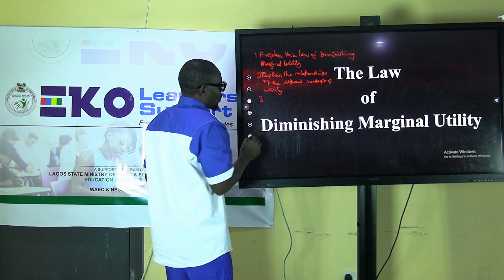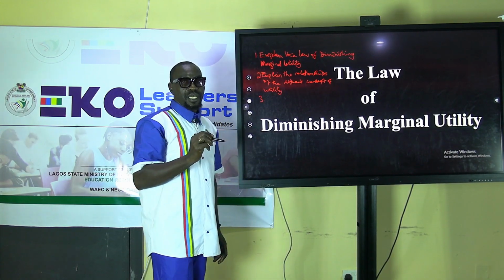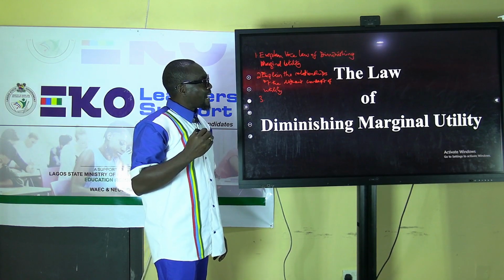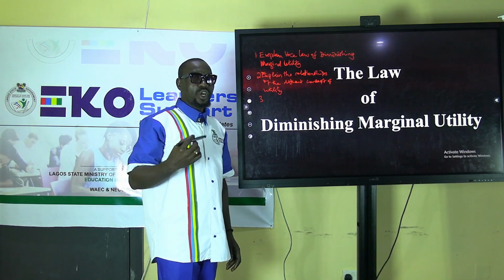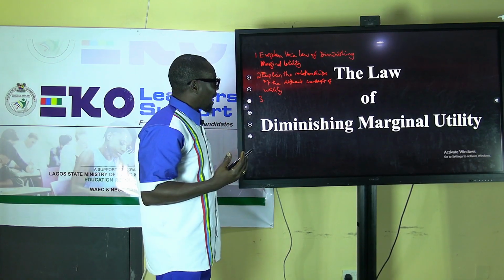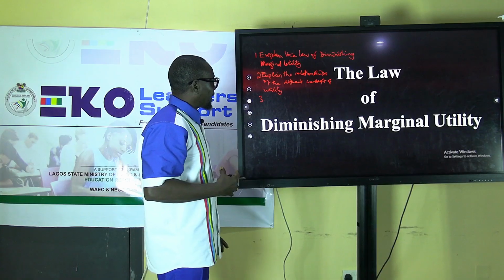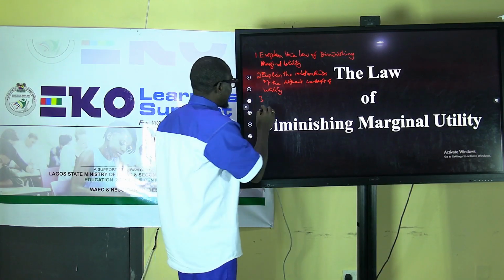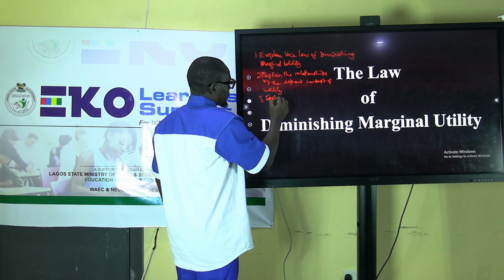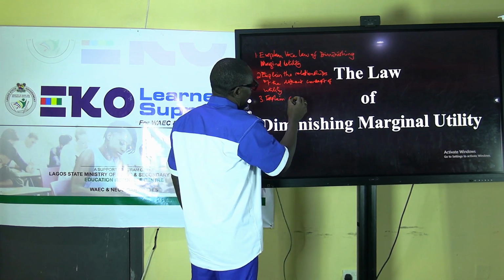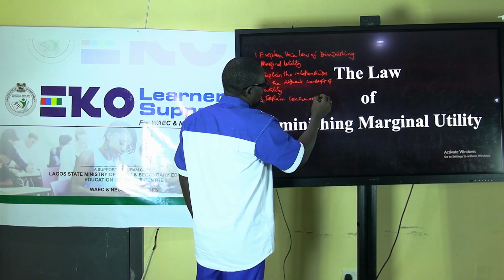And three, we will delve into how the law of diminishing marginal utility explains consumer equilibrium, and then we'll talk about that in more detail at a later session.